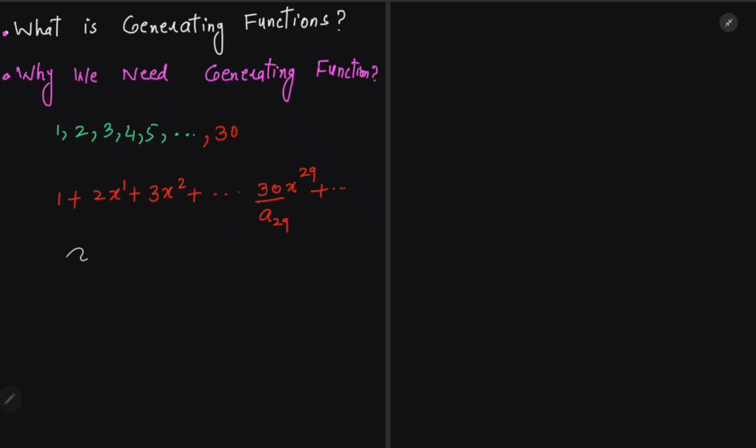Now let me look at some other examples as well. Suppose we have the sequence 1, 1, 1, and so on. The generating series for this sequence is 1 plus x plus x^2 plus x^3, and so on. This looks like a formula that we will discuss later, 1 over 1 minus x.